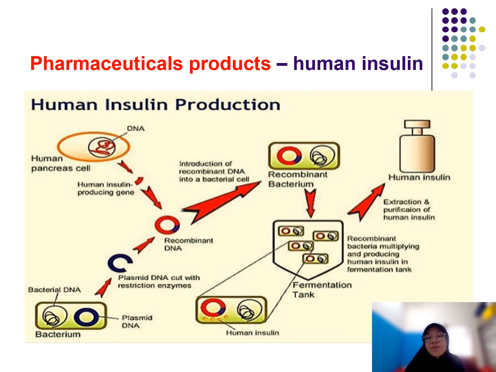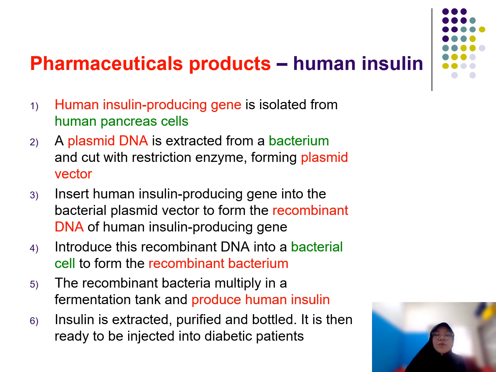And then people or doctor or pharmacist they will extract, okay, the scientist will extract and purify the protein tadi, and then dia akan jadikan that as a human insulin. Understand? Okay, so basically the human insulin tadi akan jadi banyak lah, okay, instead of sedikit dia akan dapatkan banyak human insulin because of the cloning process.